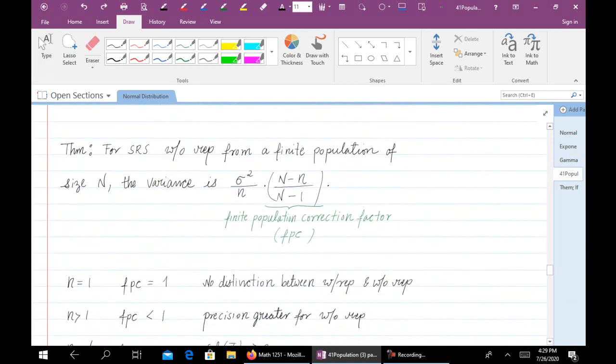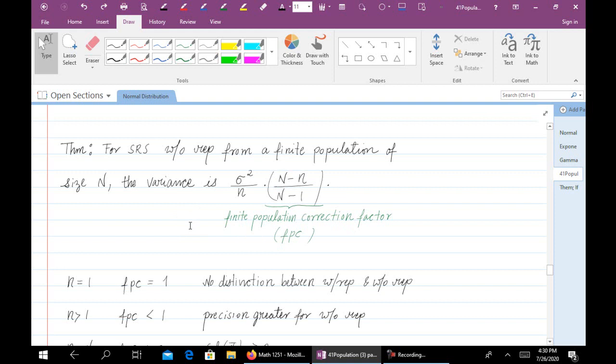Now, if the random sample is done without replacement from a finite population of size capital N, then the variance of x bar turns out to be sigma squared divided by n times capital N minus n over capital N minus 1. Small n is the sample size, capital N is the population size. This last term is called the finite population correction factor, or in short, FPC.